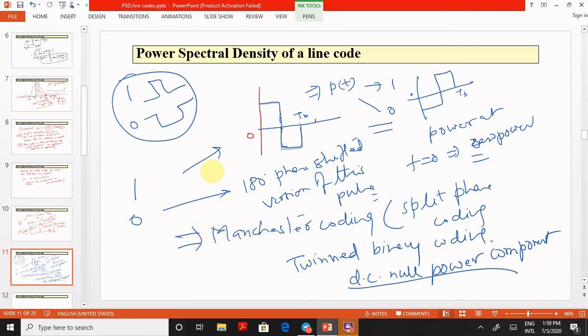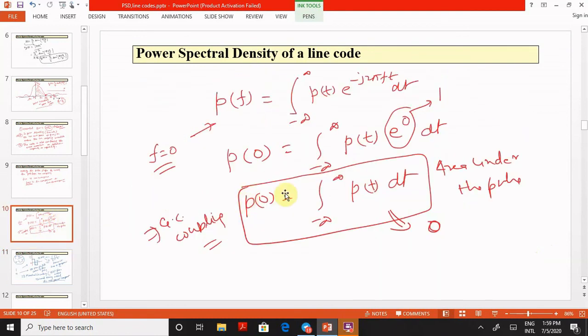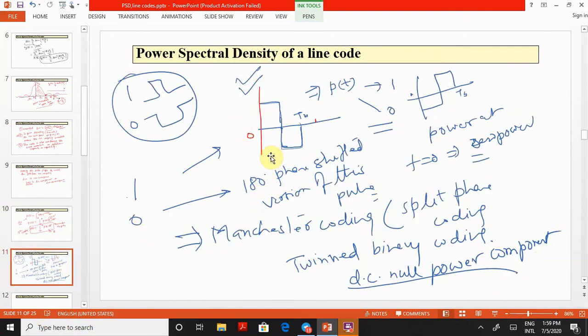And in this code basically we are representing 1 by this kind of pulse or any other pulse which can satisfy this condition, so in that case, the outcome code can be named as Manchester code, or split phase code, or twin binary code.